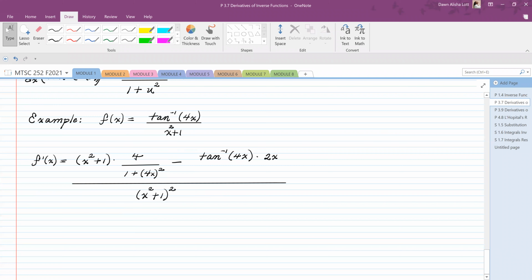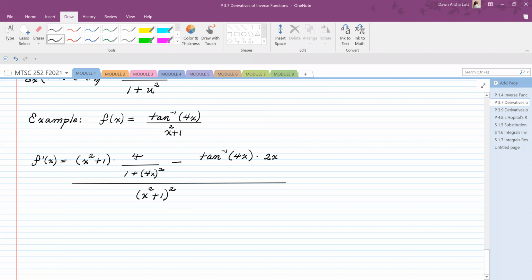Okay, so the first piece was the bottom times the, I know you guys may have heard low d high minus high d low over low low. Bottom times derivative of the top minus the top times the derivative of the bottom over the bottom squared.